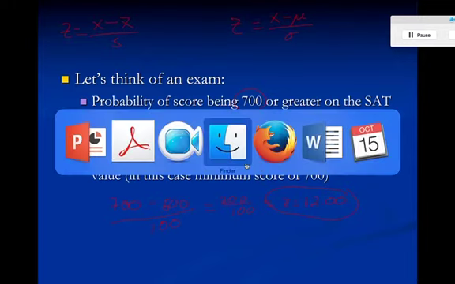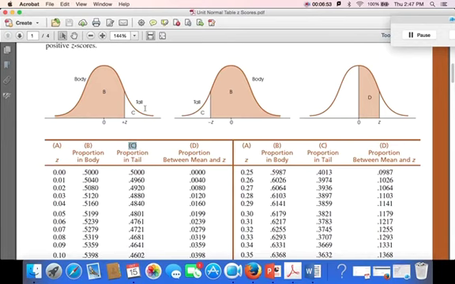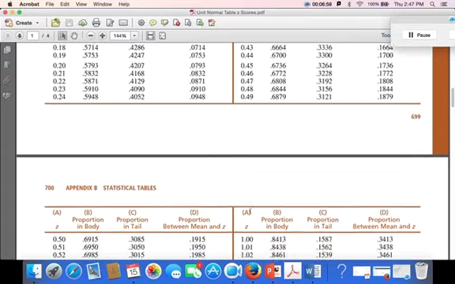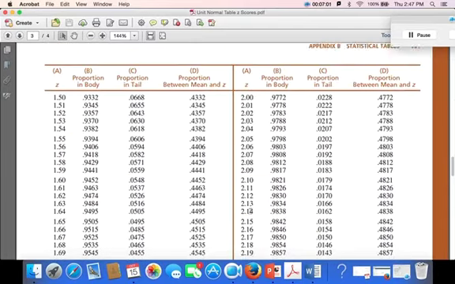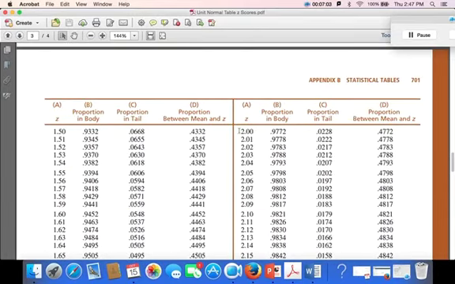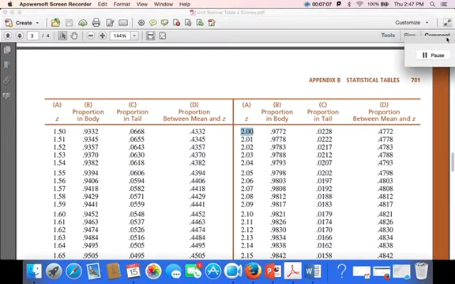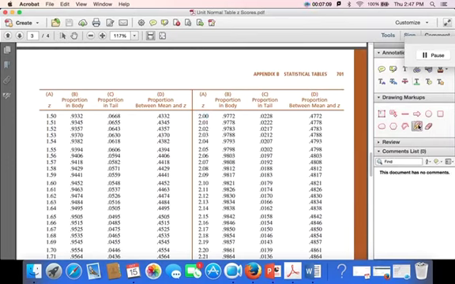So now if we look back on our table, I want to find in this column, my A column, my z-score. So I'm going to go all the way down until I find my z-score of 2. So here it is. What is the probability that someone is going to get a score of 2 or greater in terms of the SAT, in terms of z-scores?